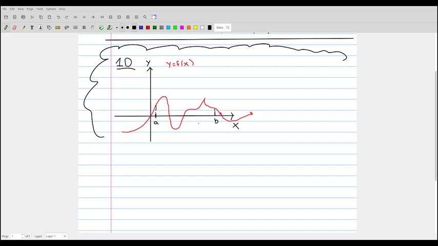So on this interval from a to b, it looks like this function has 4 critical points: x1, x2, x3, and then x4 right here. And these are all critical points of the function because they're all points where either one of two things is true.